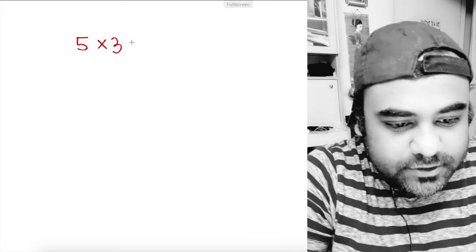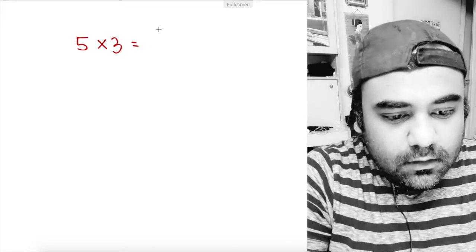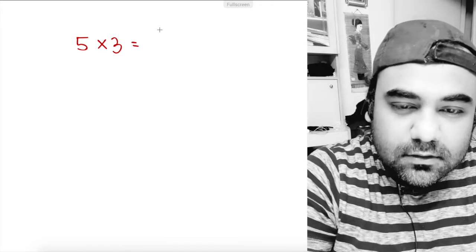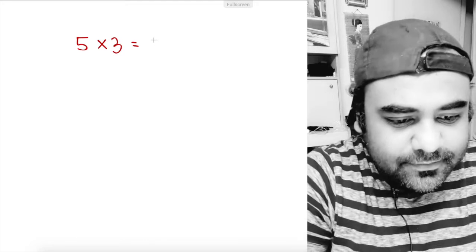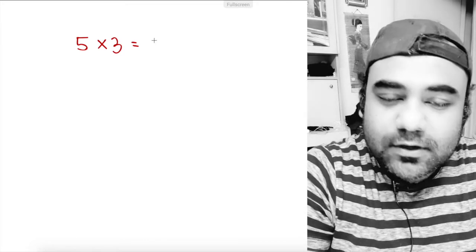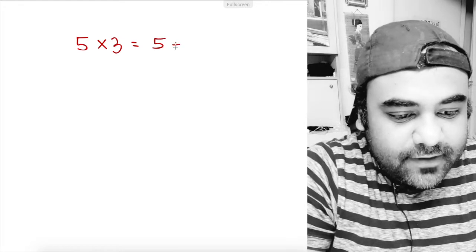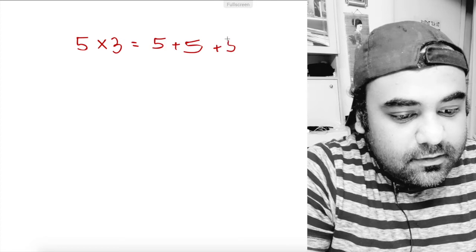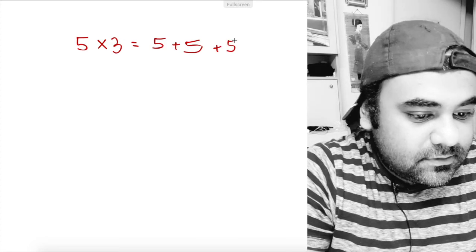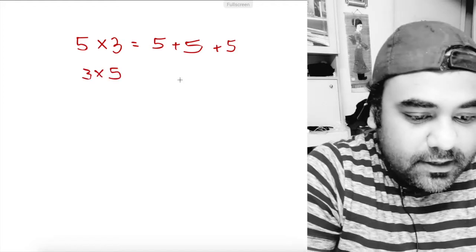This equation tells you how many times you add 5, which is represented by 3. So 5 into 3, how many times you need to add 5, and what would be the result? 3 times 5 is basically 5 plus 5 plus 5. This is exactly what multiplication is all about.